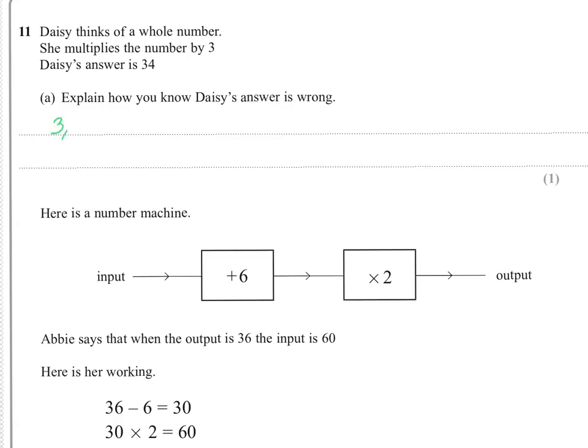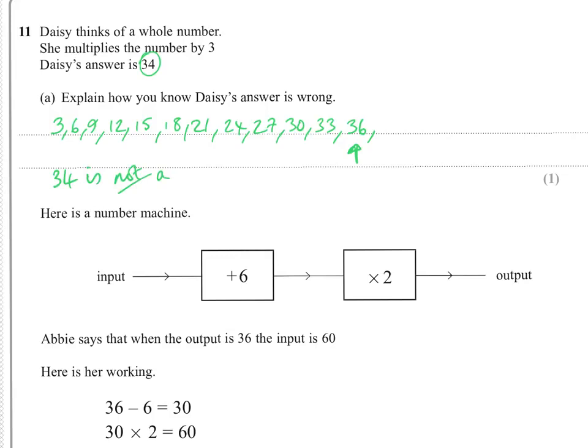If we write the 3 times table out, it's worth doing this bit so you can see what's going on, then you can see that by the time we've gone past 34, we're at 36. Well, we can't see 34 anywhere, can we? And the reason is because 34 is not a multiple of 3. So I would say 34 is not a multiple of 3.